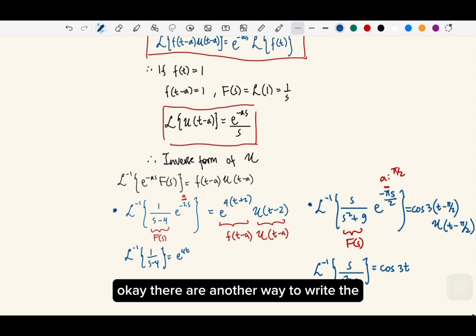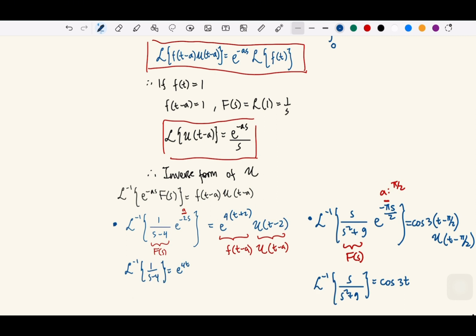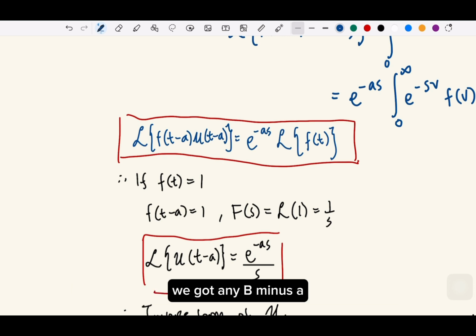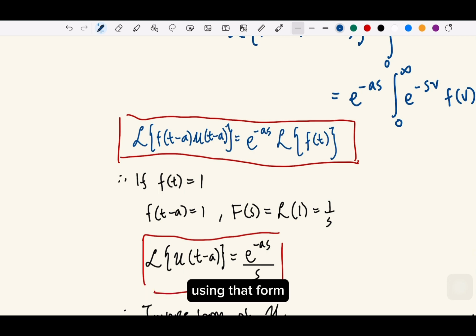Okay, there is another way to write the Laplace of this Heaviside. Now here we have f(t minus a) Heaviside t minus a, right? So how about if we just have a function of t without any t minus a? We can also exchange the form using that form.